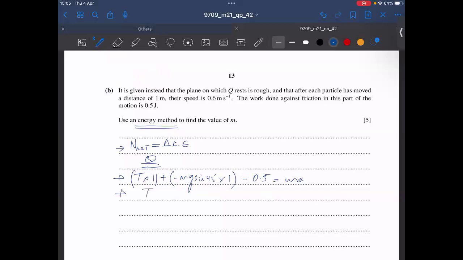So I'm going to have T minus sine 45 times 10, which is 7.07, minus 7.07 m minus 0.5 equals ma.